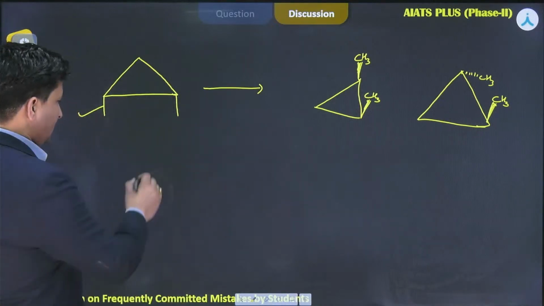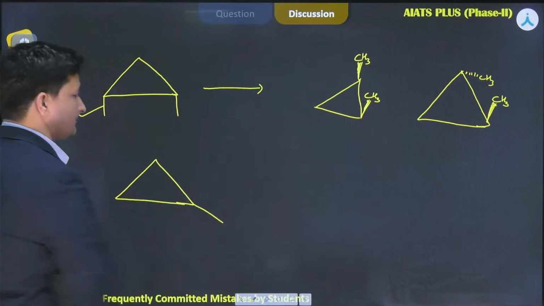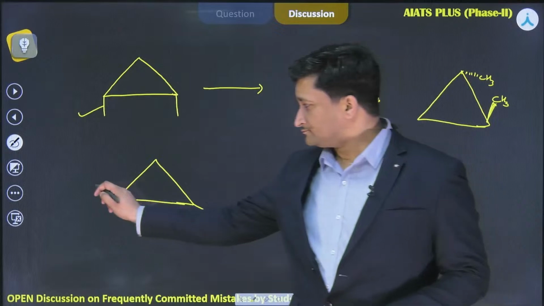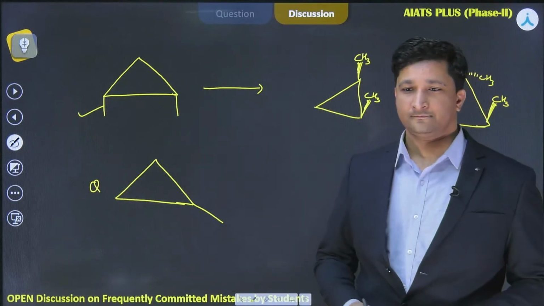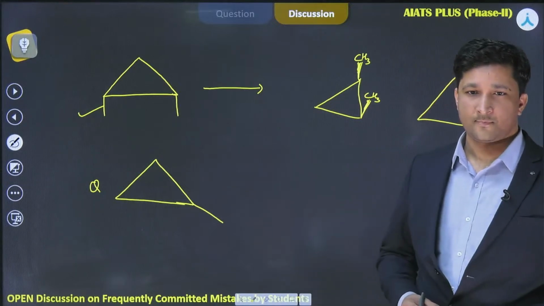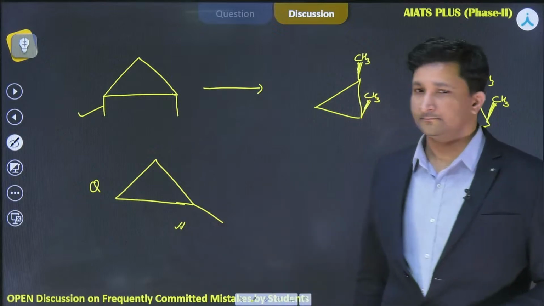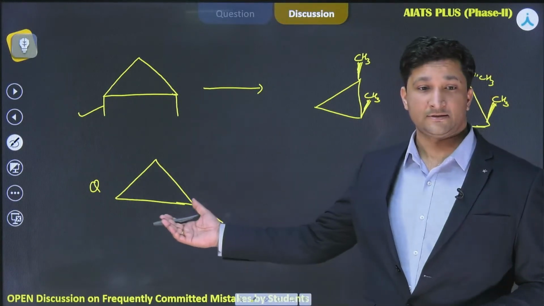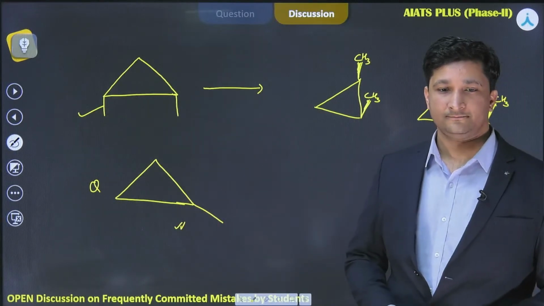Now, if I ask you about this, will this compound show geometrical isomerism? Say yes or no. Will this cycloalkane show geometrical isomers or not?